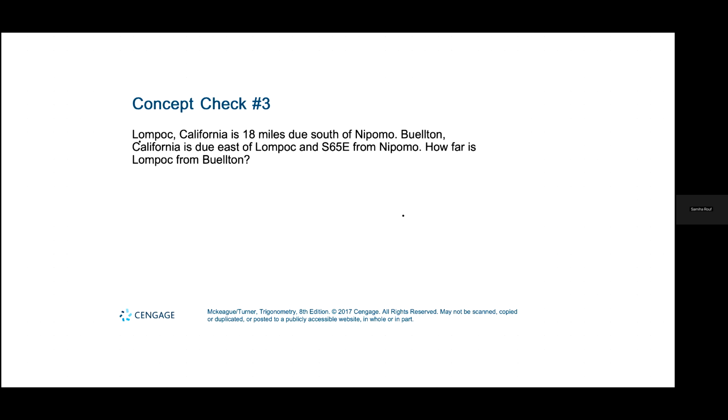We are 18 miles due south of Nipomo. So the city Lompoc is 18 miles due south. So Nipomo would be our starting point. So let's say N for starting point. We go 18 miles due south. Then this is Lompoc, which is 18 miles.